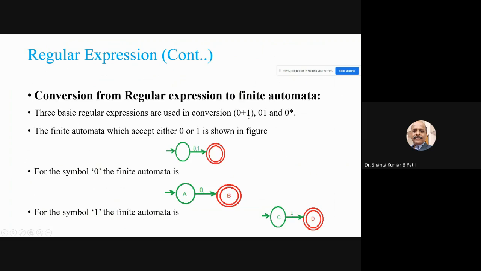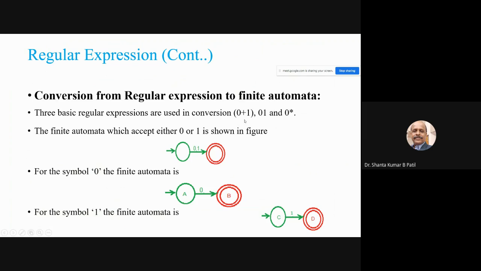Each symbol is a regular expression having its own finite automata. For the 0, this is the finite automata. For the 1, this is the finite automata. So this expression accepts either 0 or 1.